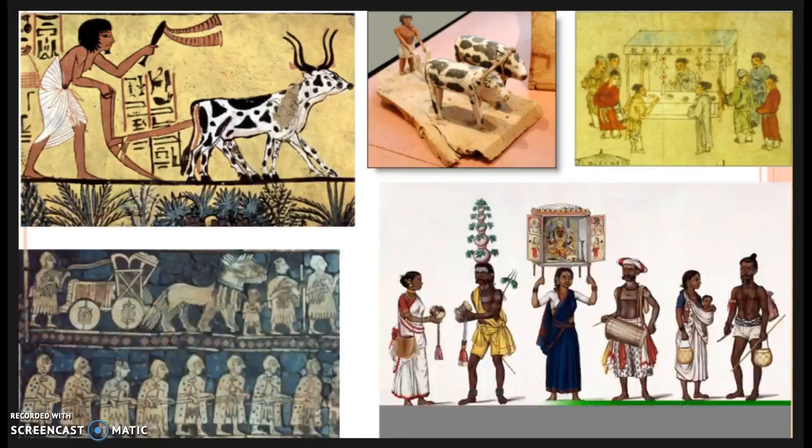For the most part of these societies, we have individuals that we call today free commoners. These are artisans, low-level officials, soldiers, police or law enforcement, servants, and a bunch of farmers.